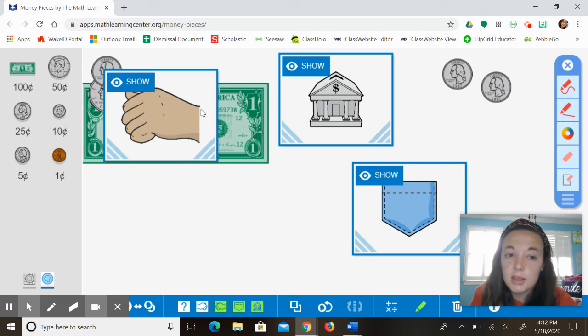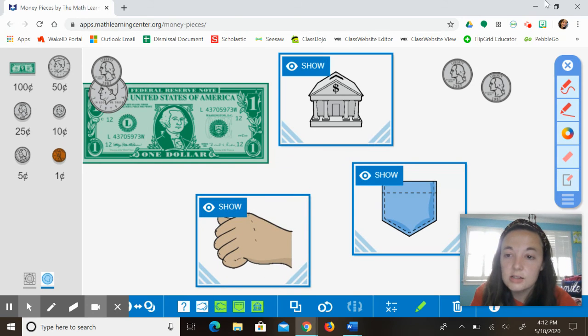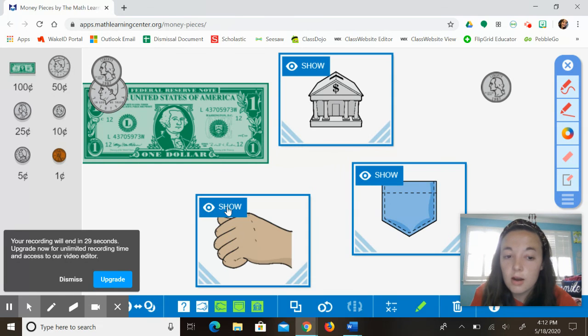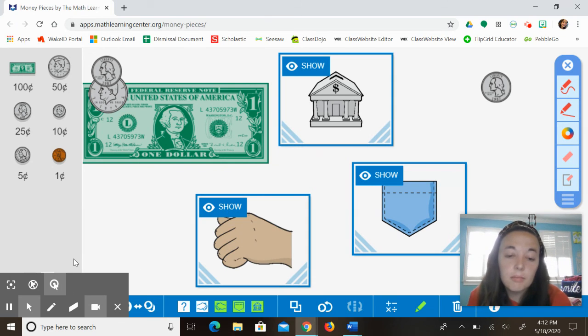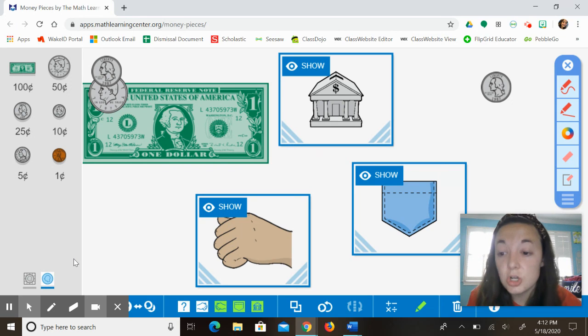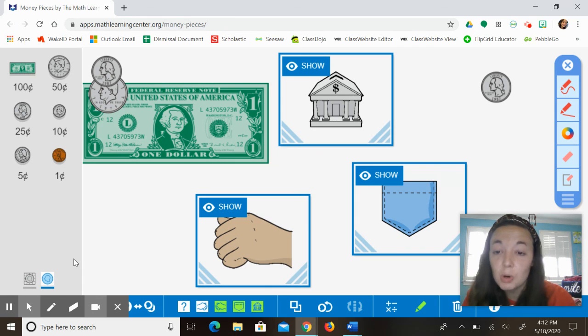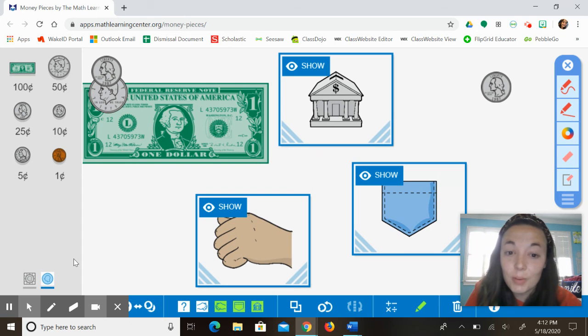You can also use the hands over here and say, I have a quarter in my hand, and there's the quarter. Something like that. But anyway, I just wanted to show you guys this. It's a really cool app. I enjoy using it. And I think it's great practice if you want to practice saying out some word problems with coins and how much they represent.